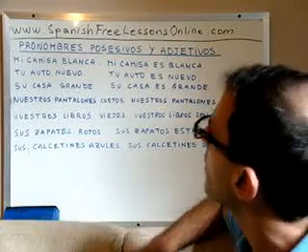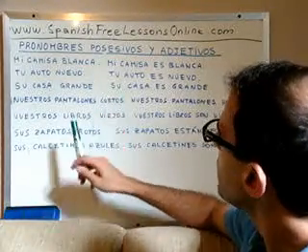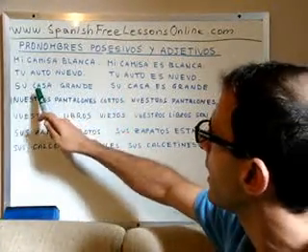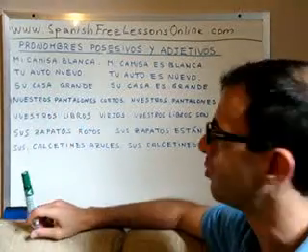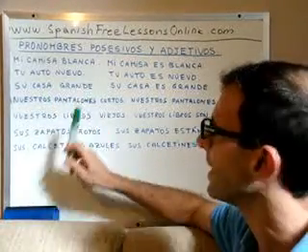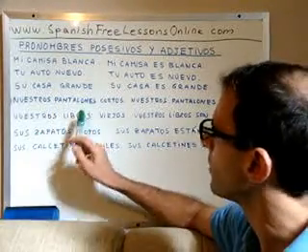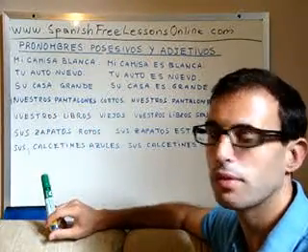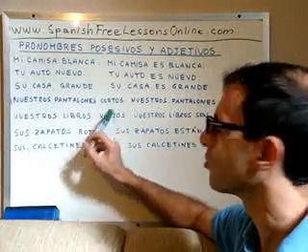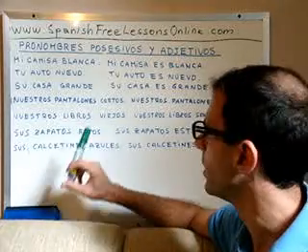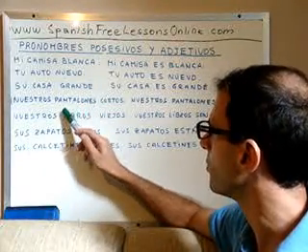So let's see which other words we have here. Casa is house, as we've seen. Grande means big. Pantalones, trousers. Cortos, short, right? Means short trousers.